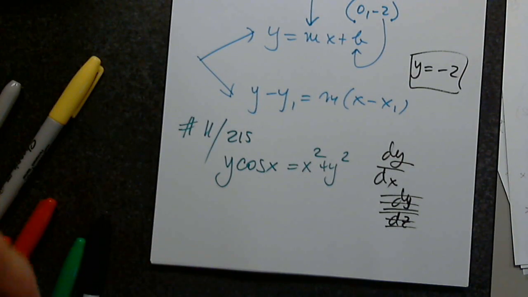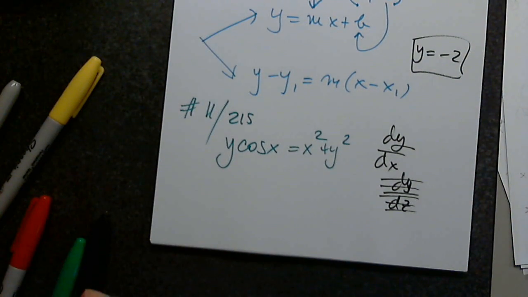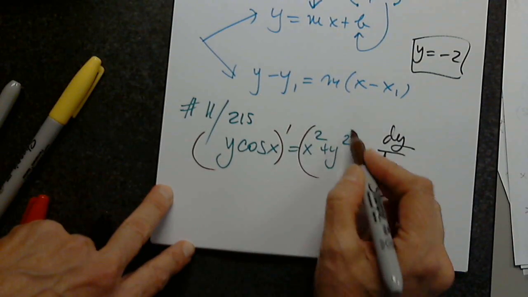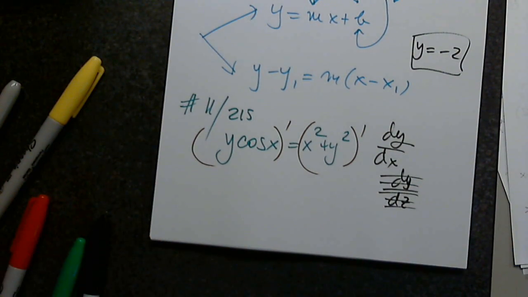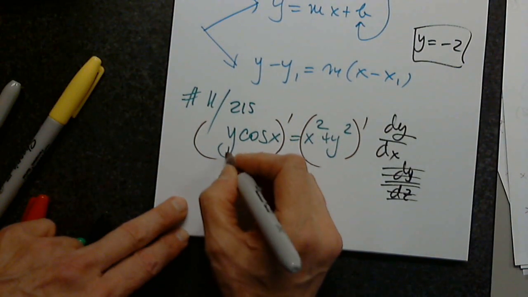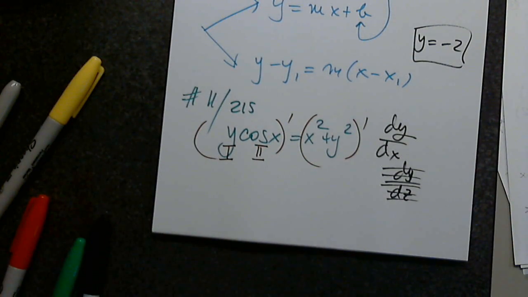What do I have to do? Differentiate the left-hand side and differentiate the right-hand side, keeping in mind that y is a function of x. Be very careful. This is function 1 and this is function 2, which means we have to use the product rule.